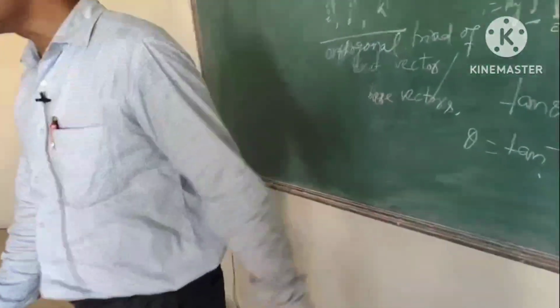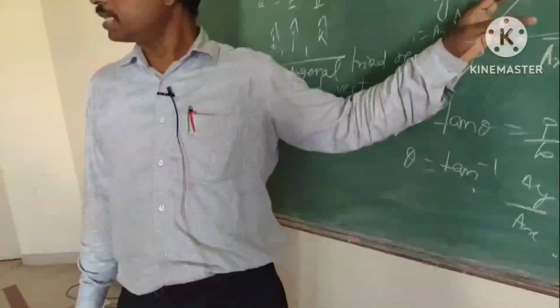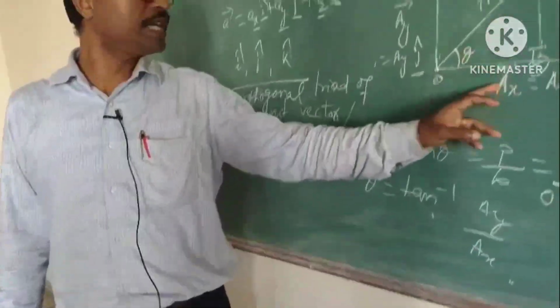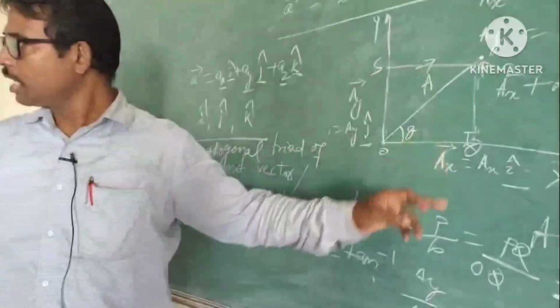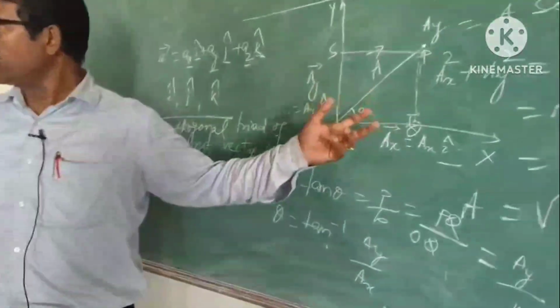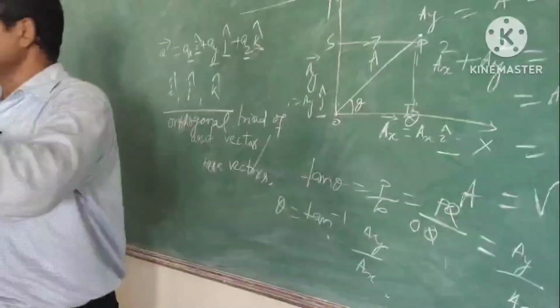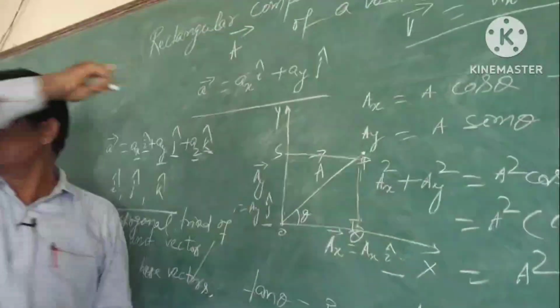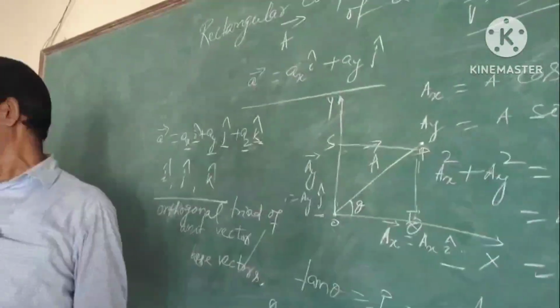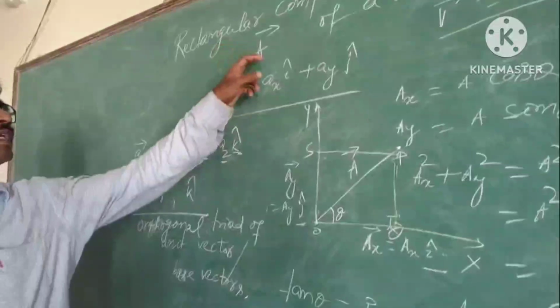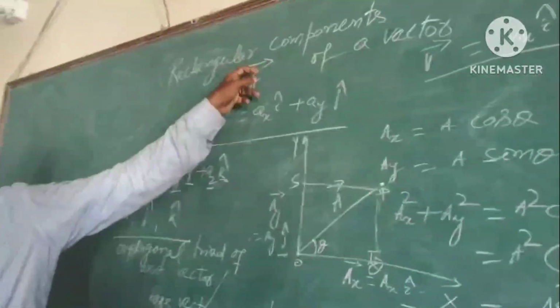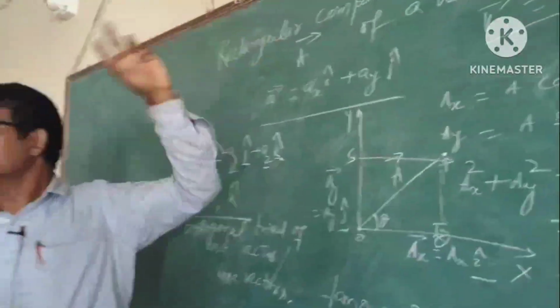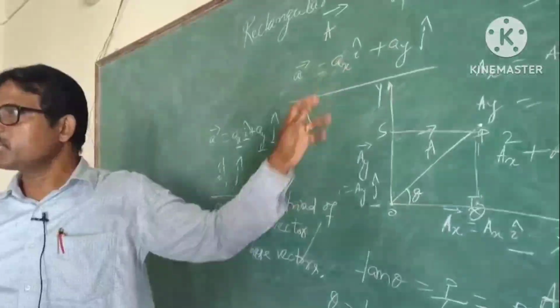While you are taking A, if you take B, it is bx by. If you take C, it is cx cy. Any letter you write with an arrow head above it acts as a vector, as I have already taught in previous classes. It can be split.